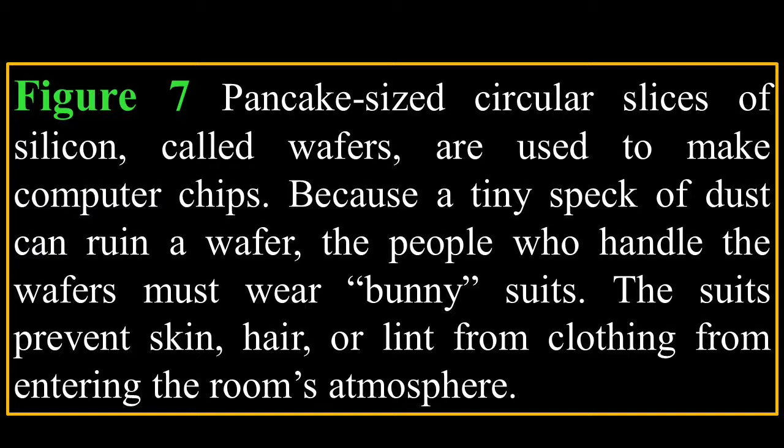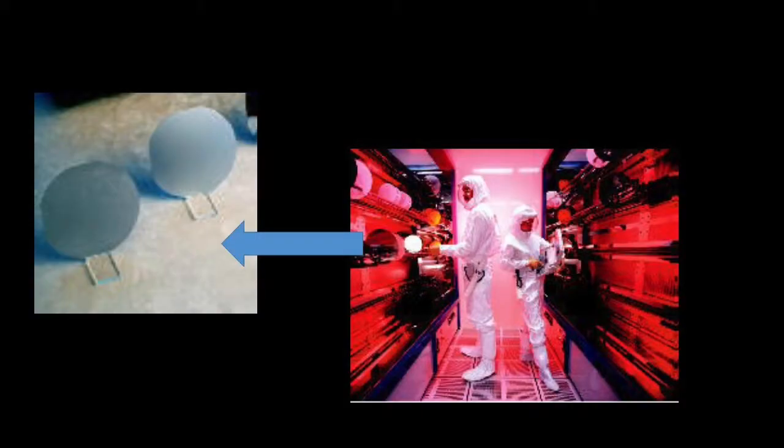Figure 7. Pancake-sized circular slices of silicon called wafers are used to make computer chips. Because a tiny speck of dust can ruin a wafer, the people who handle the wafers must wear bunny suits. The suits prevent skin, hair, or lint from clothing from entering the room's atmosphere. Here is the bunny suit on the right.